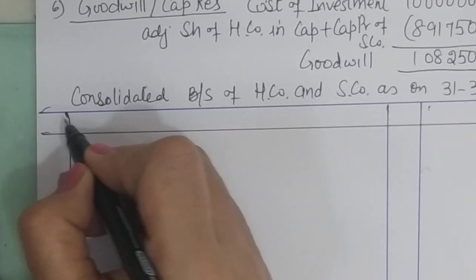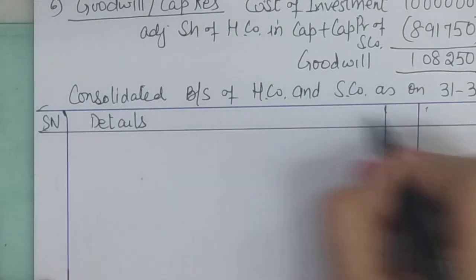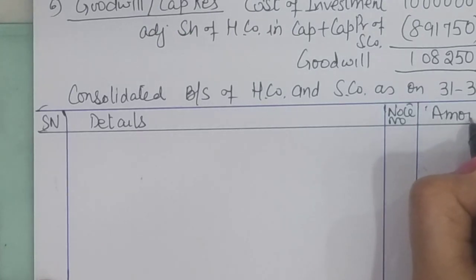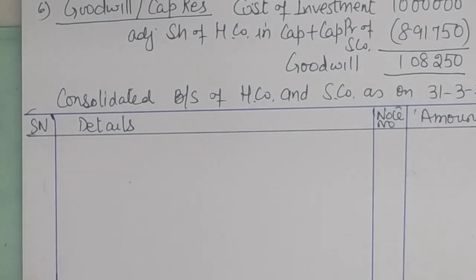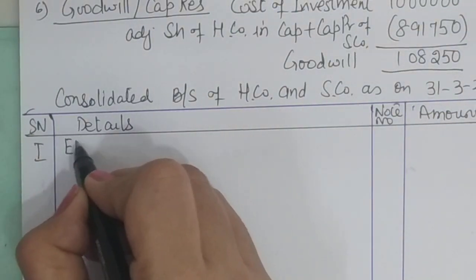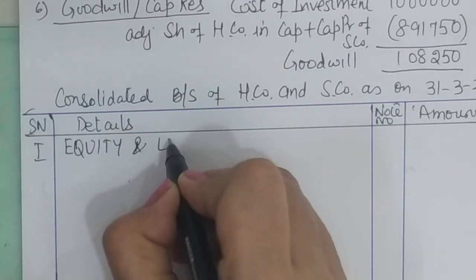Serial number, details or particulars, note number, and the amount in Indian rupees. So that will be the balance sheet. Your first component is equity and liabilities.